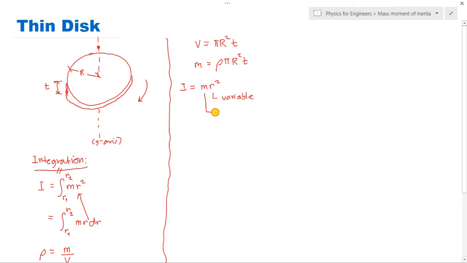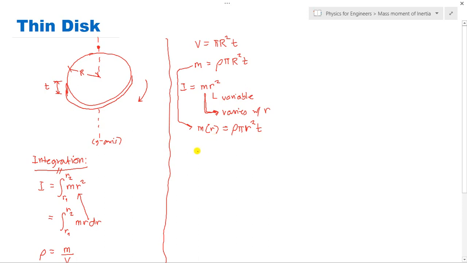And for our mass, if we don't want to fix its value, let's say the mass also varies with r. So we can say that the mass is a function of the radius of the disk, which equals pi rho r squared t. Since r is now a variable, we place it in small letter.